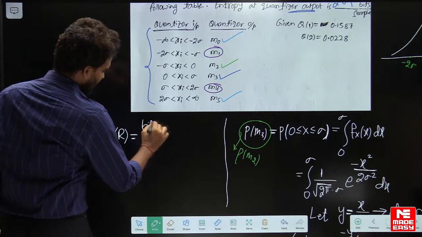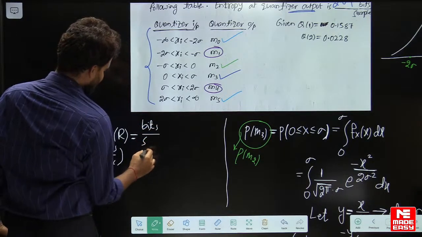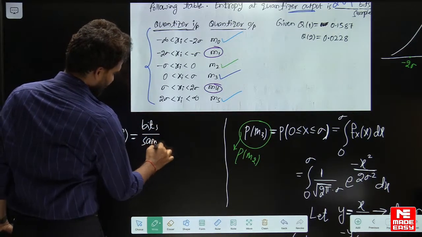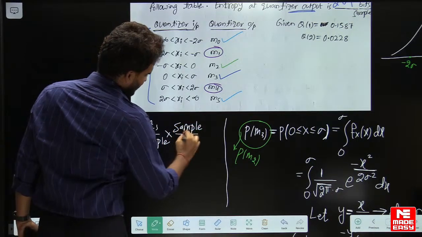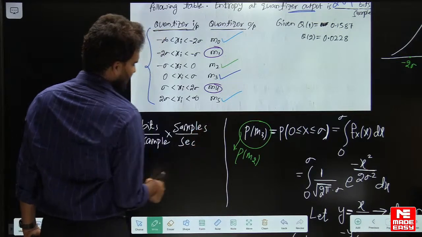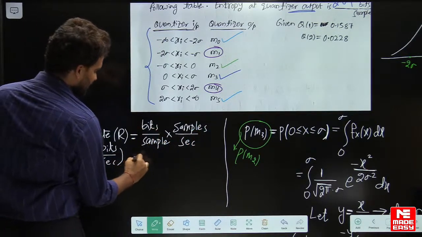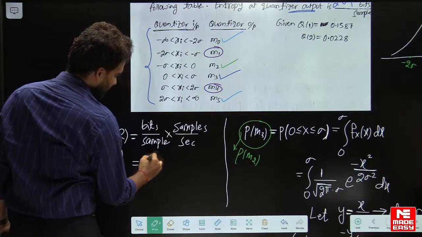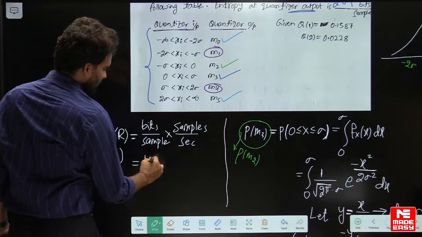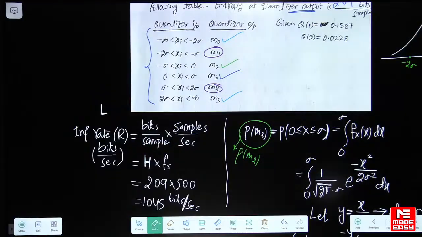This is bits per sample into samples per second you can write. How many samples are generated in 1 second, and each sample is represented by how many bits. Bits per sample is entropy only, in the source coding process.